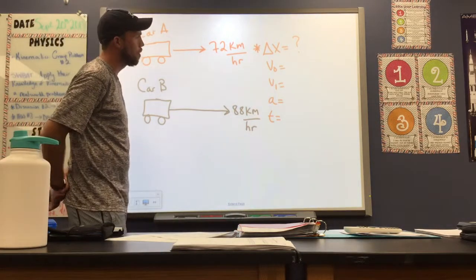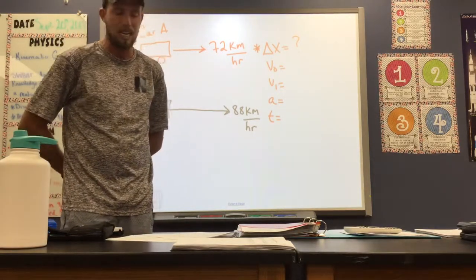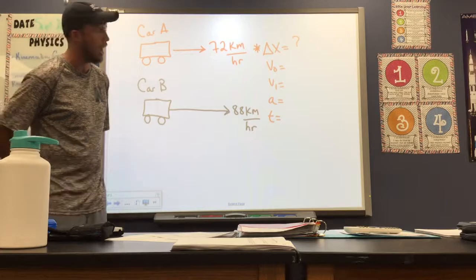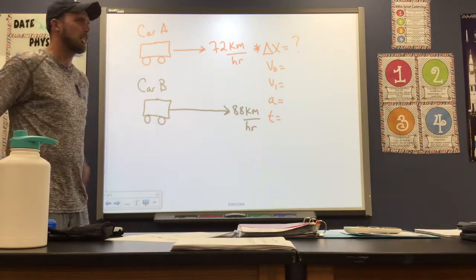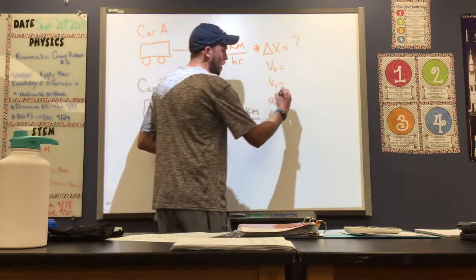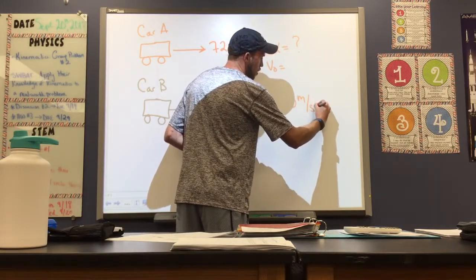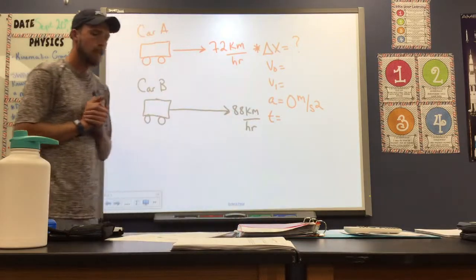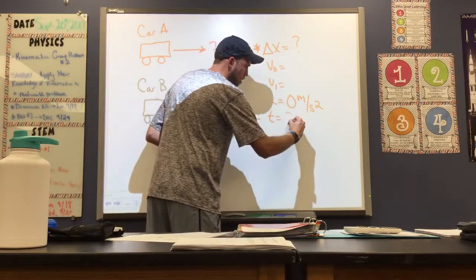Now, I'm told I travel at a constant speed of 72 kilometers per hour. What that should tell me is that my speed is constant, meaning my acceleration is going to be 0 meters per second squared. And I know that my time here is 2.7 hours.